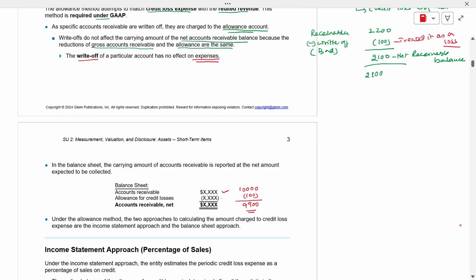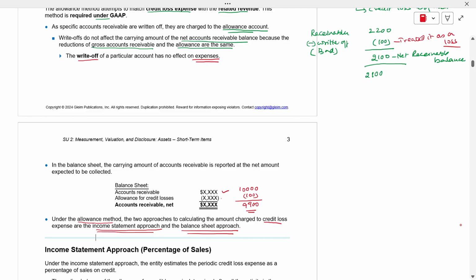Under the allowance method, the two approaches to calculating the amount charged to credit loss expense are the income statement approach and the balance sheet approach. The two different methods are there, and you can adopt any one.